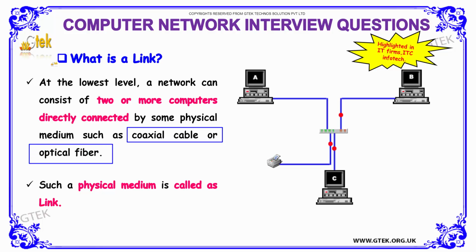So these two mediums can be used to connect two or more computers to form a link. Such a physical medium is called a link. The connector that we use to connect two nodes or two computers is known as your link.